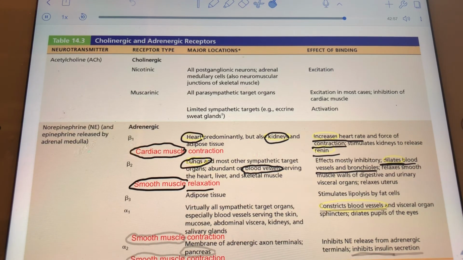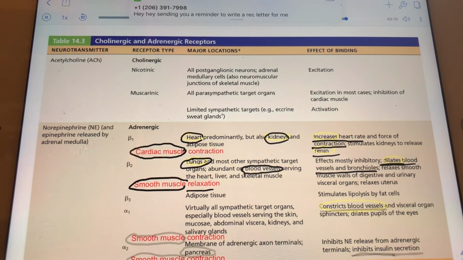When norepinephrine binds beta 3, it's likely in adipose tissue and therefore stimulates adipocytes to generate or produce more lipids, okay? However, we won't emphasize that one.